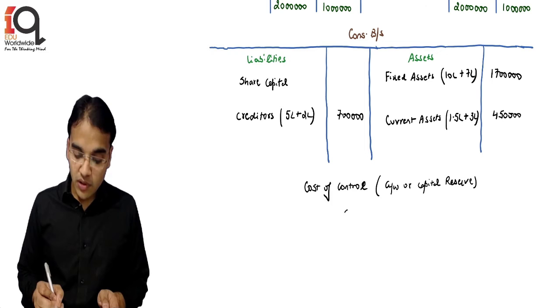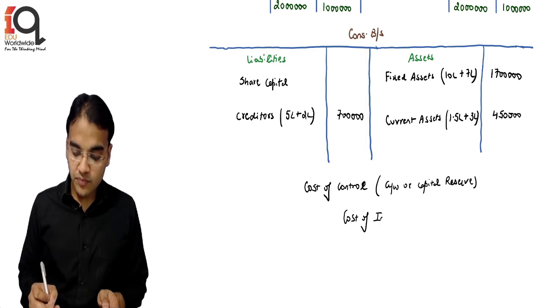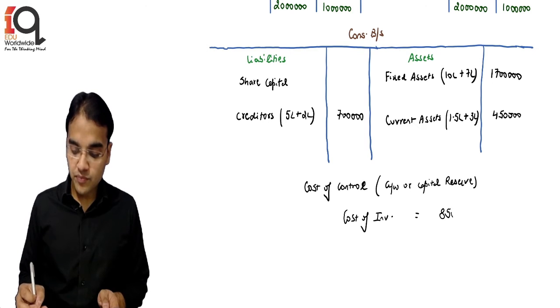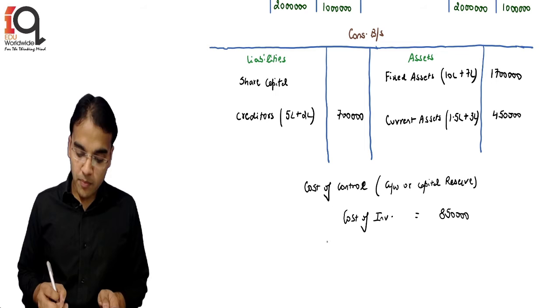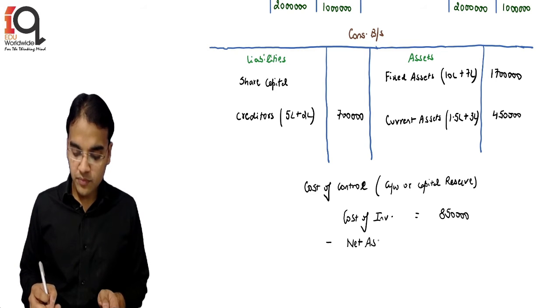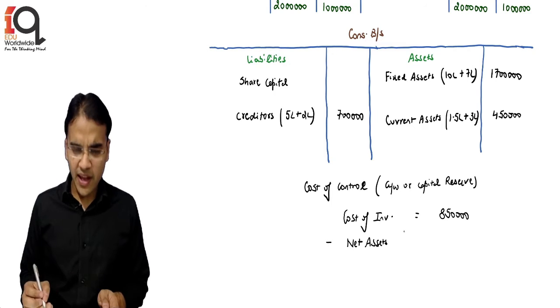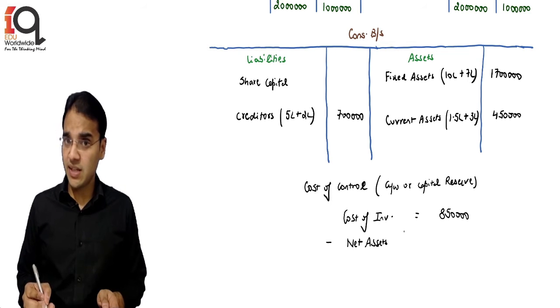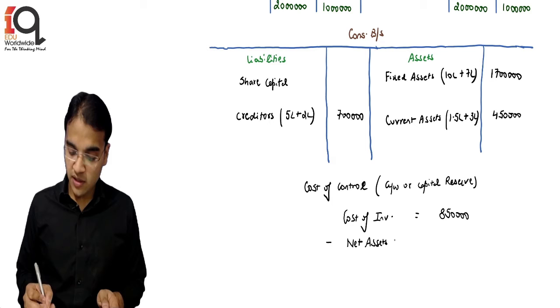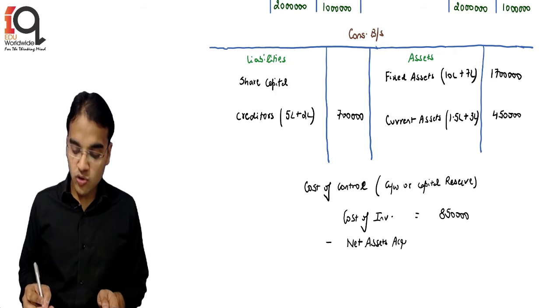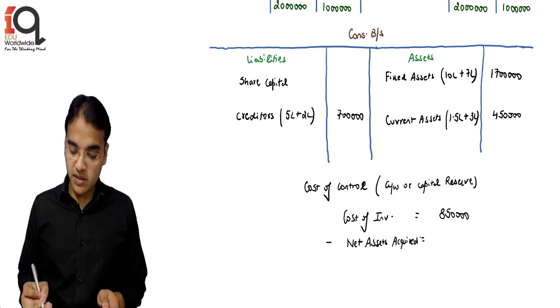So my cost of investment is 8,50,000, minus net assets acquired. Have I acquired 100% of the assets? The answer is yes, because it is a 100% subsidiary. So net assets acquired: 100% was there.